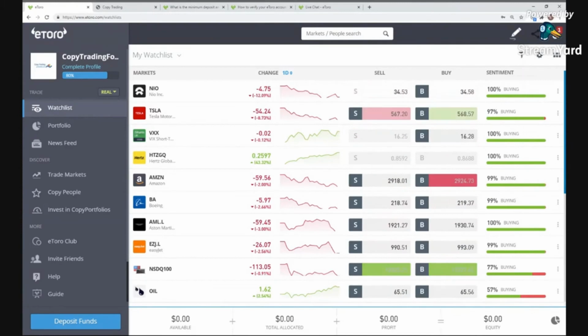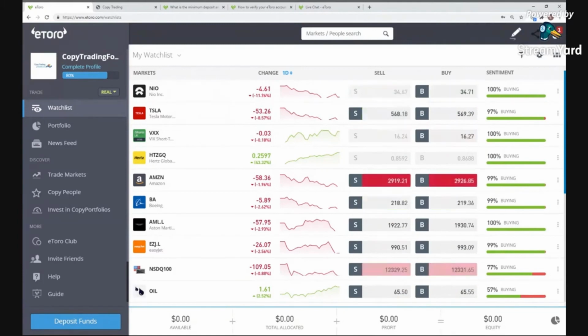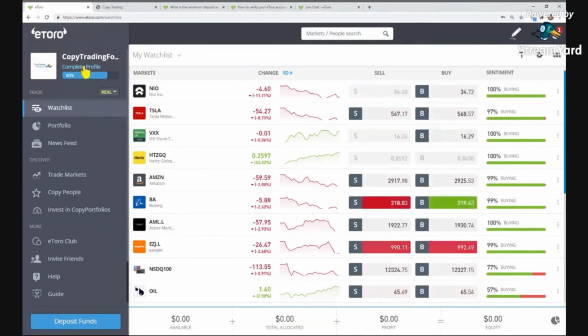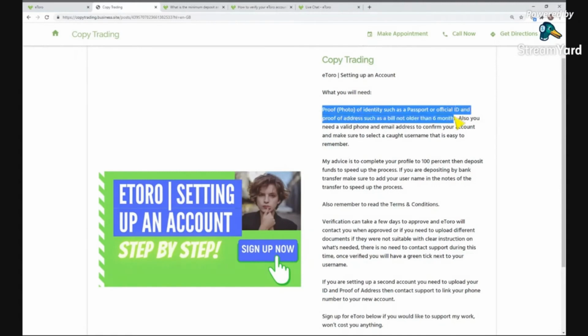If you're starting off on eToro, I'm going to go through everything step by step from start to finish, how long it takes to get verified, and all the tips and tricks along the way. First of all, what you will need before you start is proof of identity, such as a passport or official ID, and a proof of address with a bill not older than 6 months.